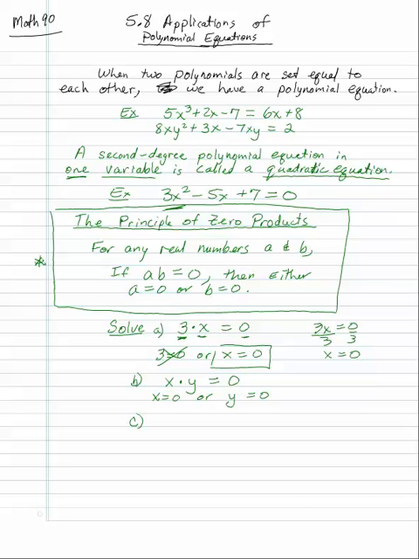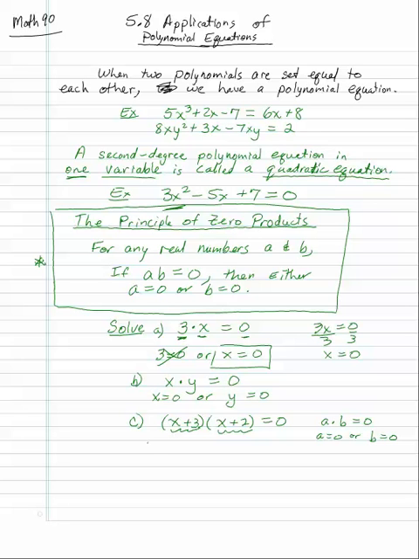Going a step further, if I had x plus 3, and instead of putting y there, I put x plus 2, this is how we're going to use this principle. If we think of this as one number, and that as one number, we have a product of two numbers equal to 0, and by the principle of zero products, a equals 0 or b equals 0.